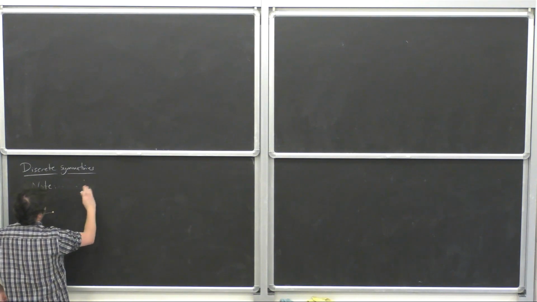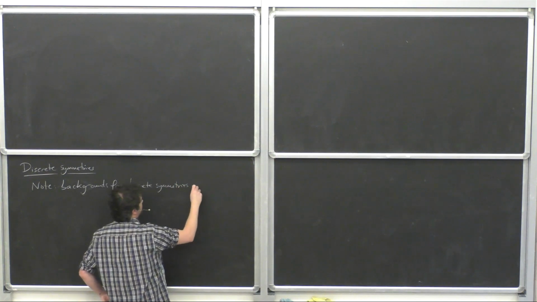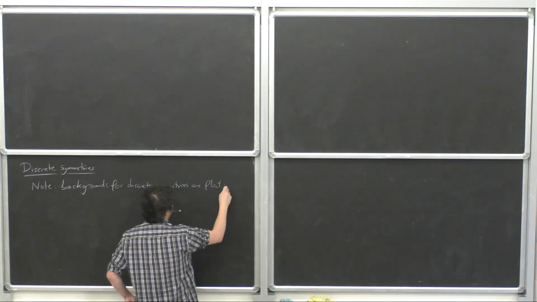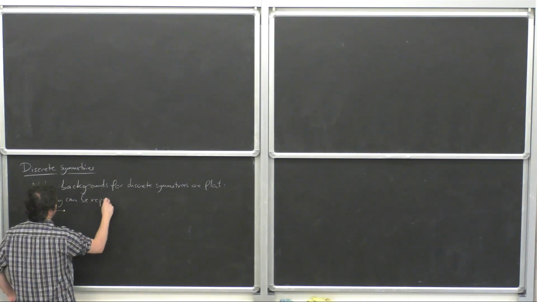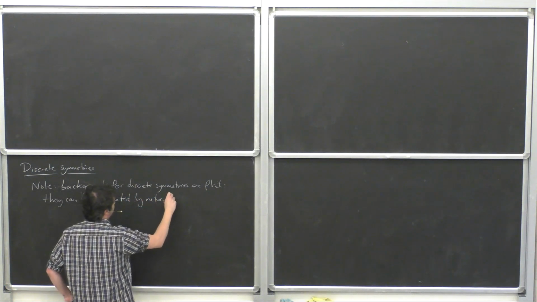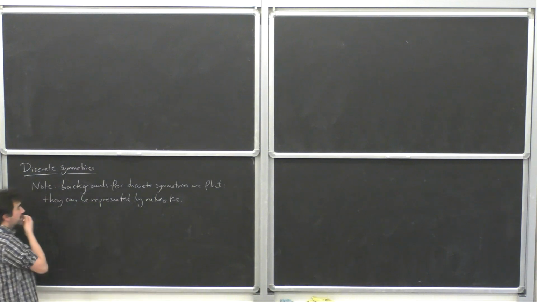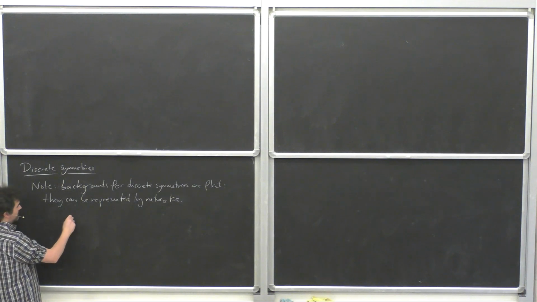The backgrounds for discrete symmetries are flat. And by this, what I mean is the statement that they can be represented by networks of symmetry generators.